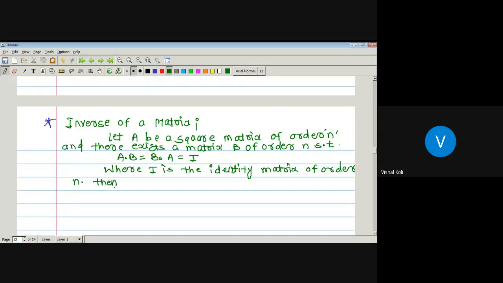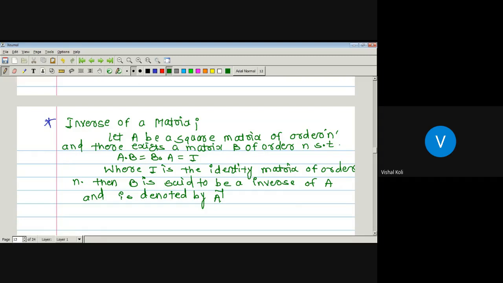Then B is said to be an inverse of matrix A and is denoted by A inverse.